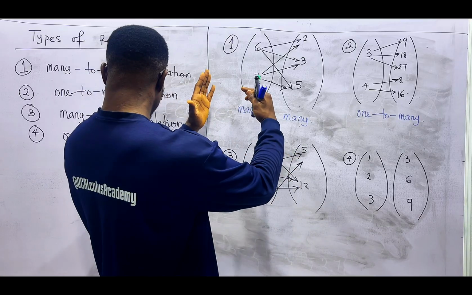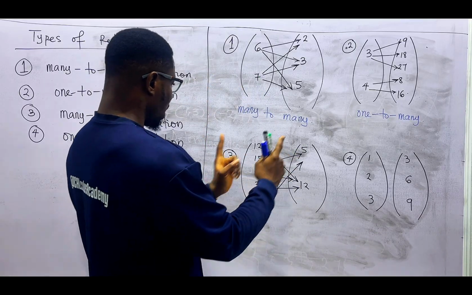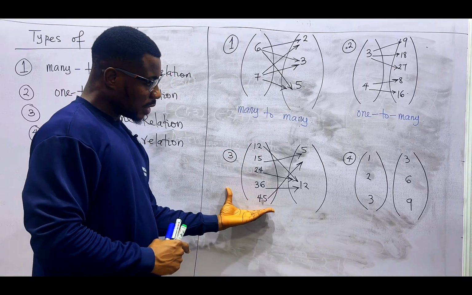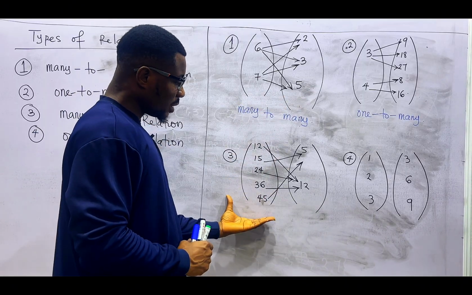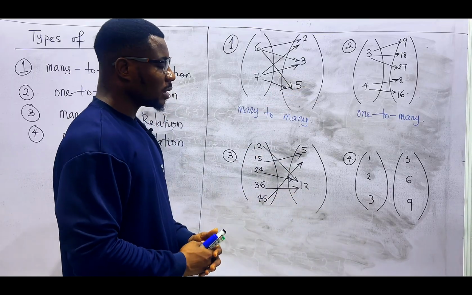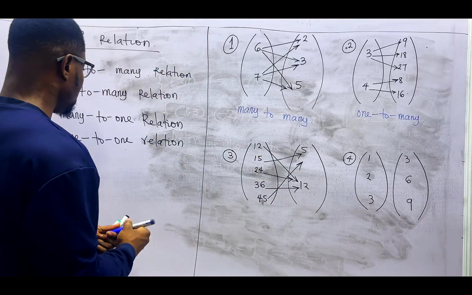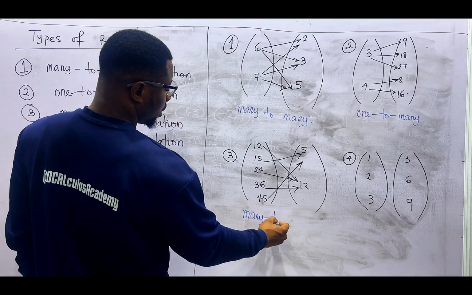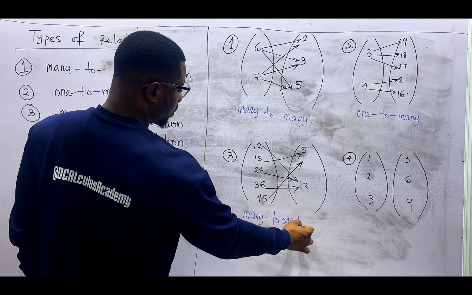So several elements in your domain relate with one element in your codomain. So this is the many to one relation.